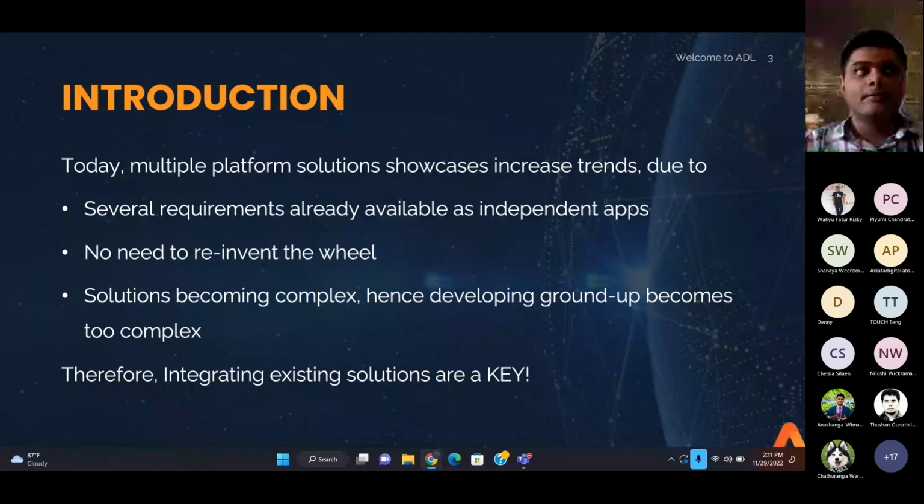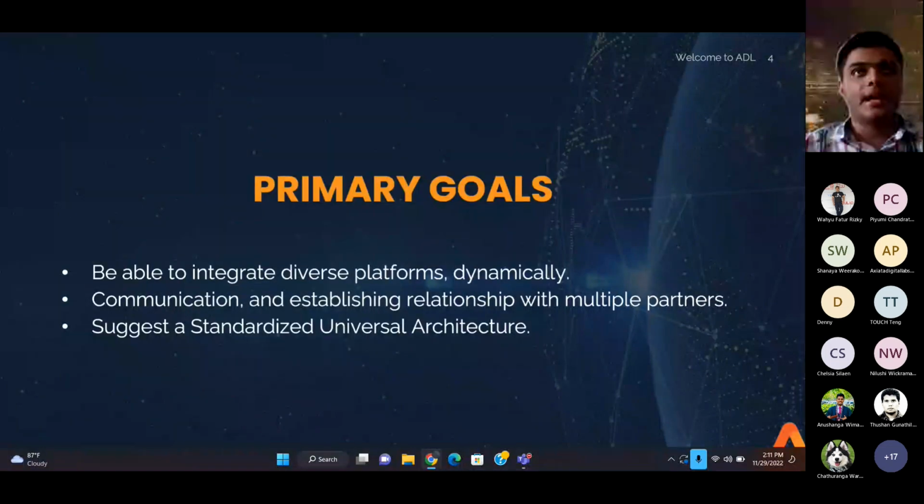So when it comes to developing a business platform, the main thing we need to consider is the ability of the application, the main or let's say the super application, to integrate. We should be capable of absorbing and integrating with diverse levels of platforms dynamically.